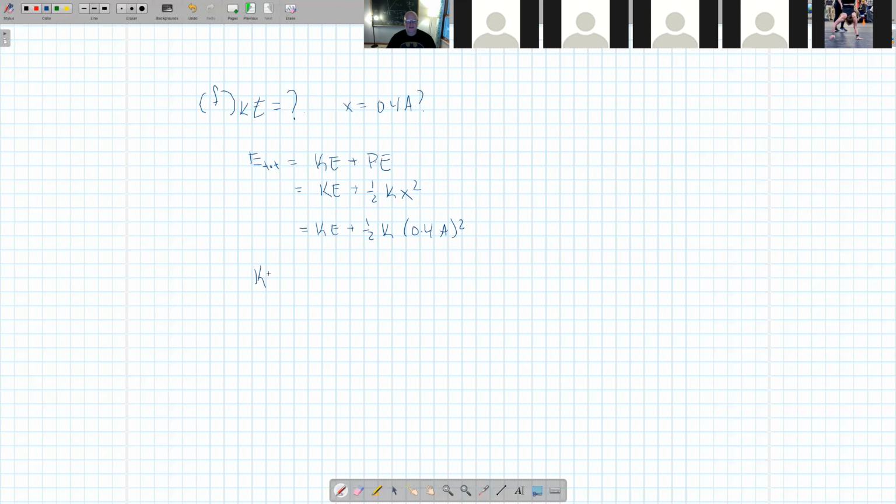So the kinetic energy is the same thing as the total energy minus the potential energy, which is 1/2 the spring constant times 0.4 amplitude squared. So this is how much kinetic energy it has. Plug in our numbers, and we find that this is 1.45 joules.